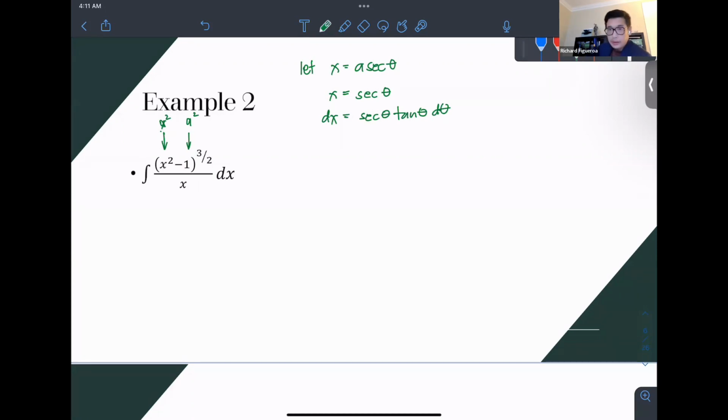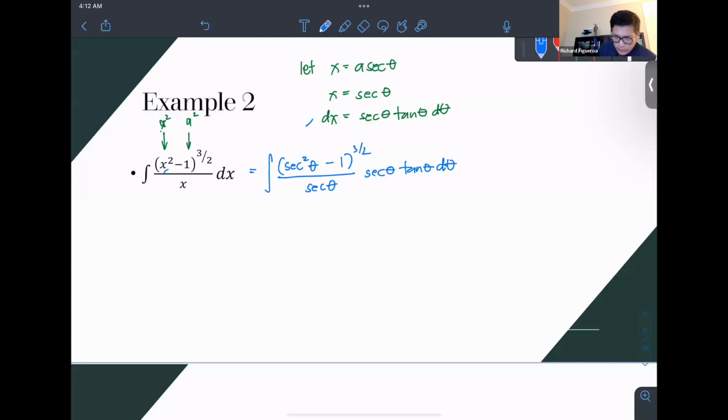And then we substitute. Since x is secant theta, x squared will be secant squared theta, then minus 1, raised to 3 over 2, over our x, which is secant theta.